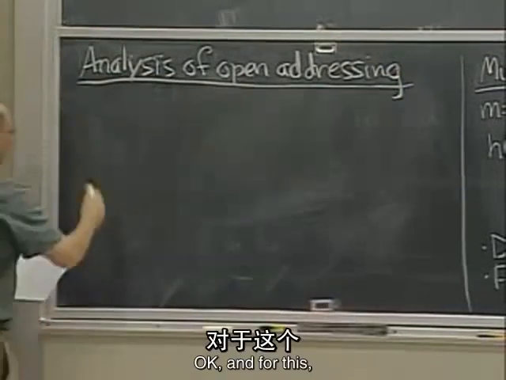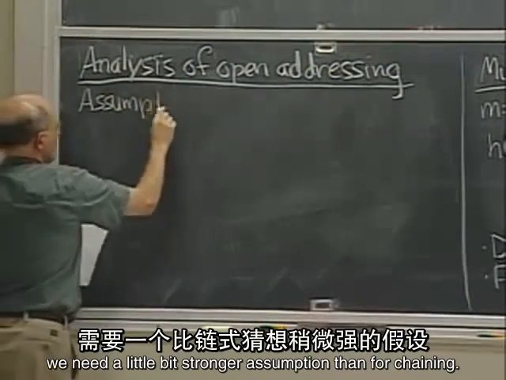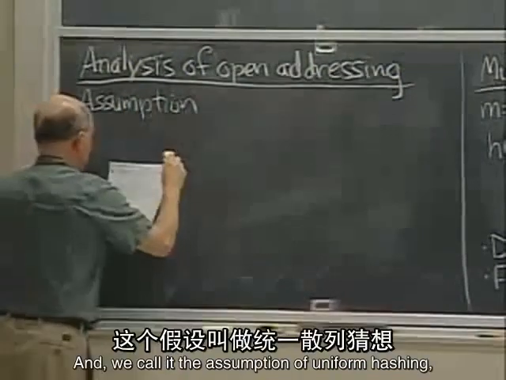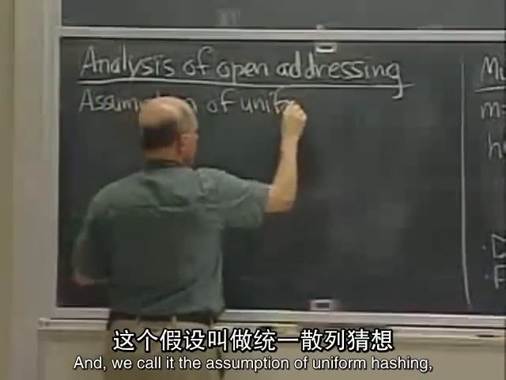For this, we need a slightly stronger assumption than for chaining, and we call it the assumption of uniform hashing.